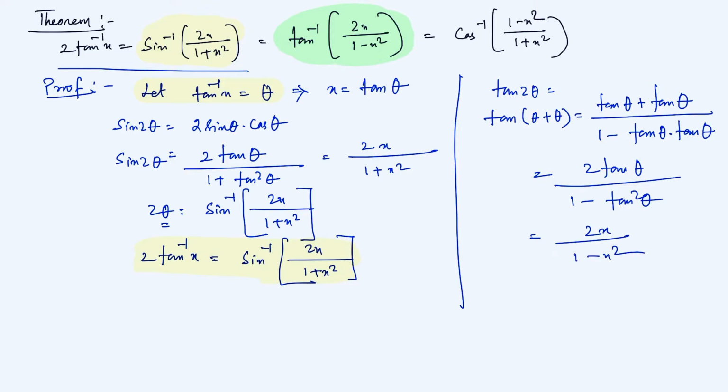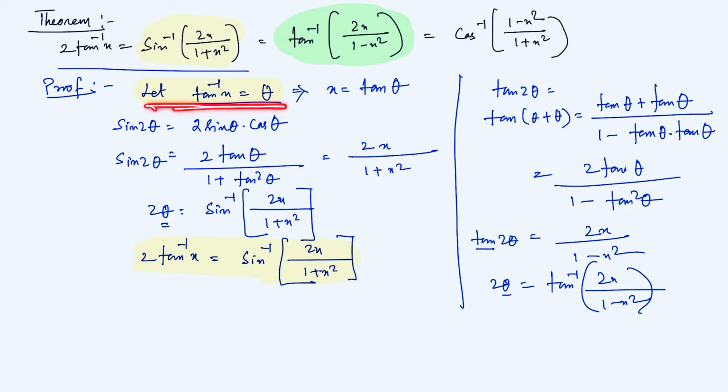So now we have seen that tan 2 theta is equal to 2x divided by 1 minus x square. Now what is 2 theta? If tan goes to the right hand side, it is going to be tan inverse of 2x divided by 1 minus x square. But what is theta? Theta is equal to tan inverse of x.